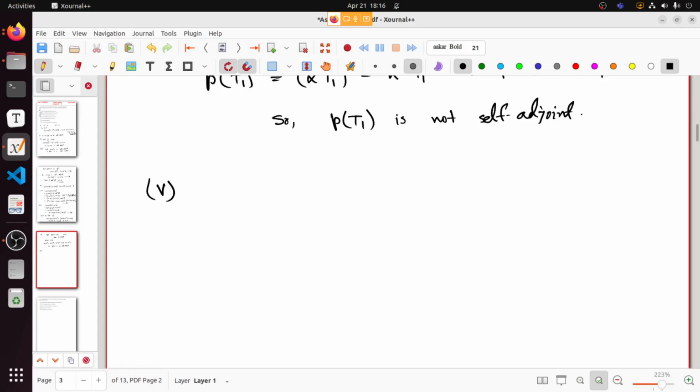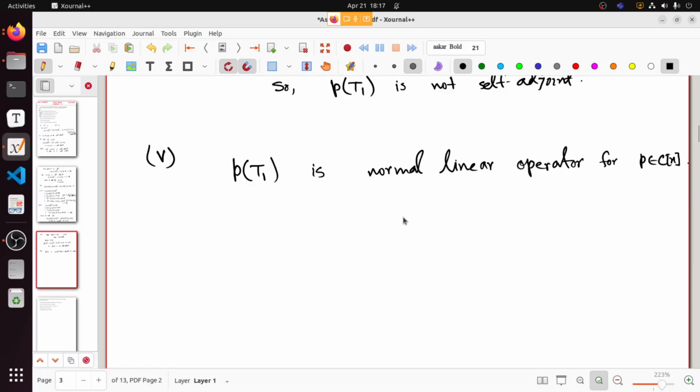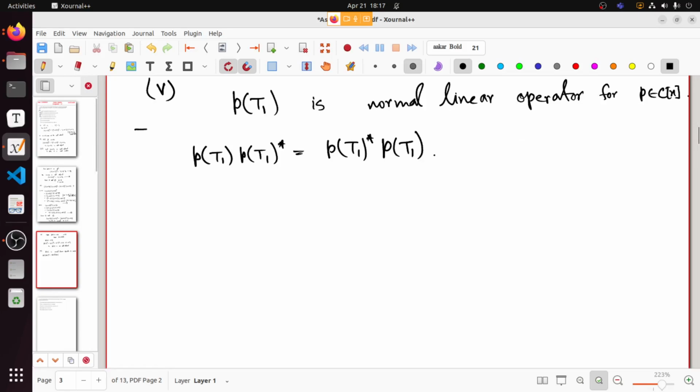We have to check that P(T1) is a normal linear operator for P belongs to C of x, right? So what we have to check is that P(T1) into P(T1) star equals P(T1) star into P(T1).